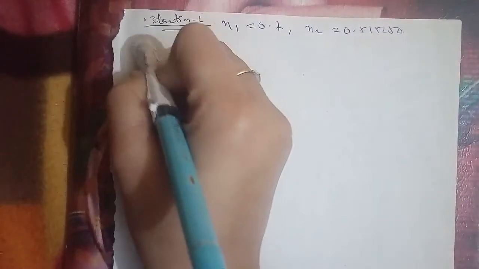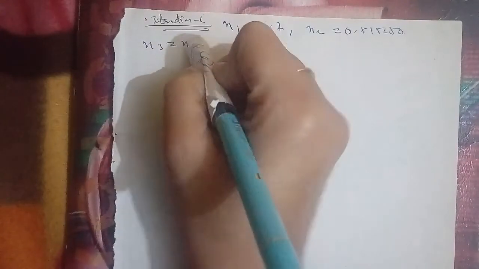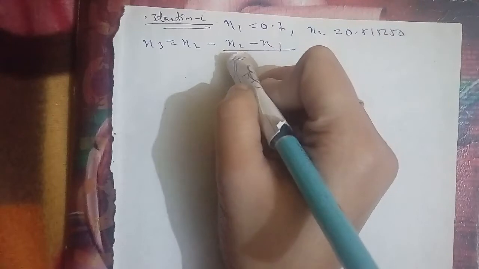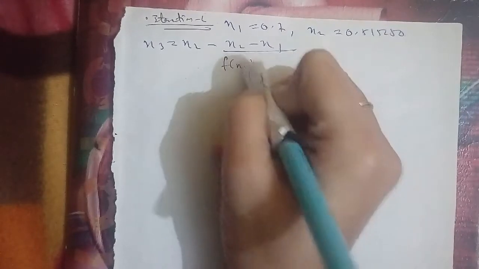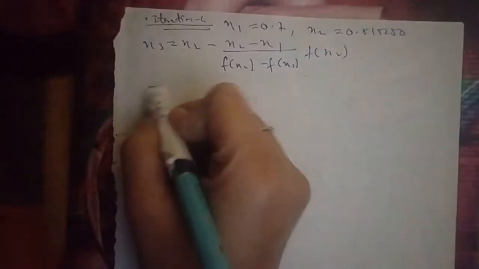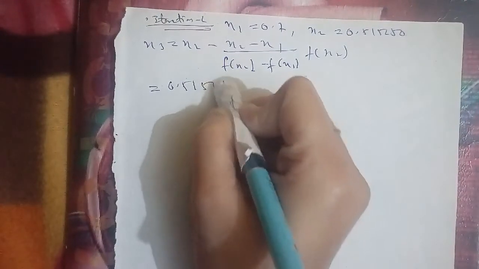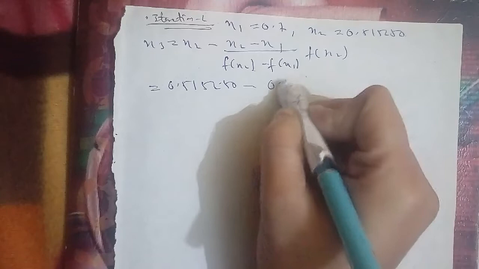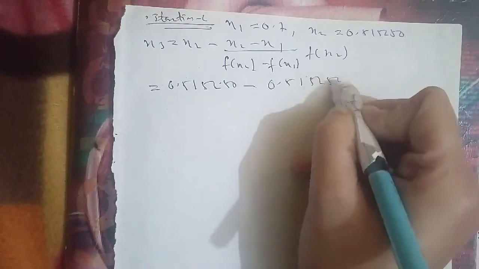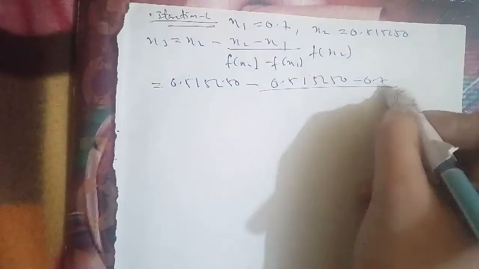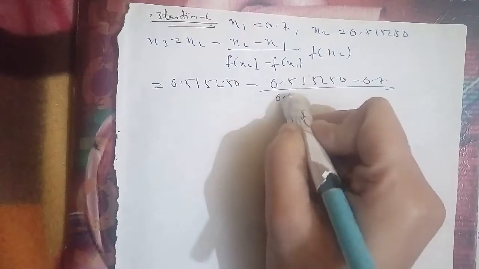We put the values here: 0.515250 minus (0.515250 minus 0.7) upon (0.007613 minus minus 0.644785), which equals 0.517405.